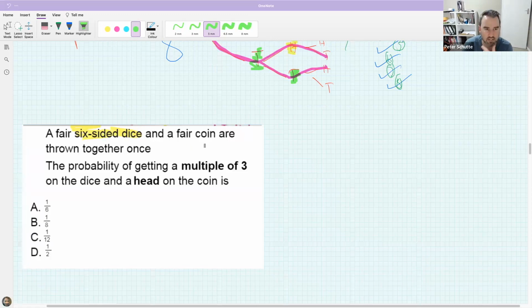And then at the same time, you throw a fair coin. How many possible options are there? I want you to draw a tree for me and tell me how many possible outcomes there are for this event. Take a moment to draw your tree.